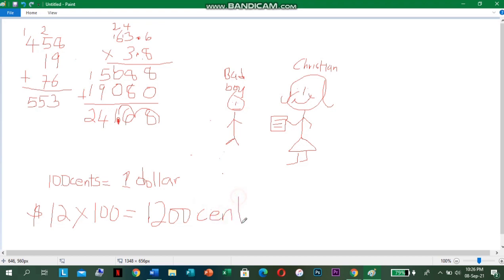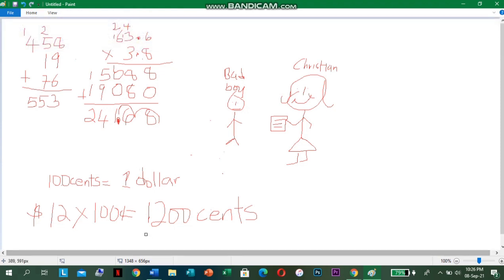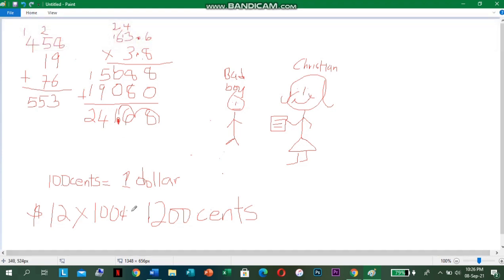See that? $12 times 100 cents. I should put cents here. Take a rubber. This sign means cents. Let me go back to my pen. So $12 times 100 cents is equal to 1,200 cents.